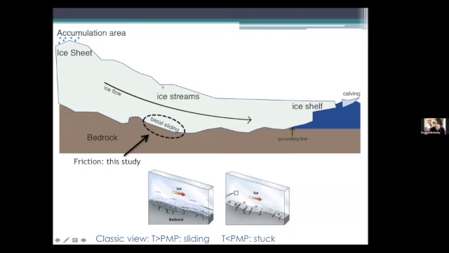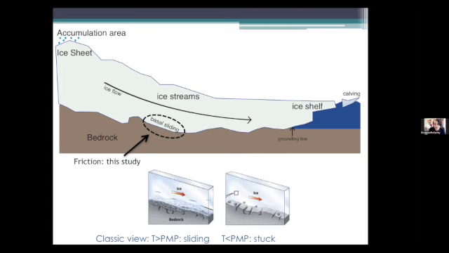I'm not talking about that today, but certainly that is important. Rather, you also can have in these ice streams sliding at the base. And definitely for decades, this has been explored, and it quite often is described by viscous approximations.